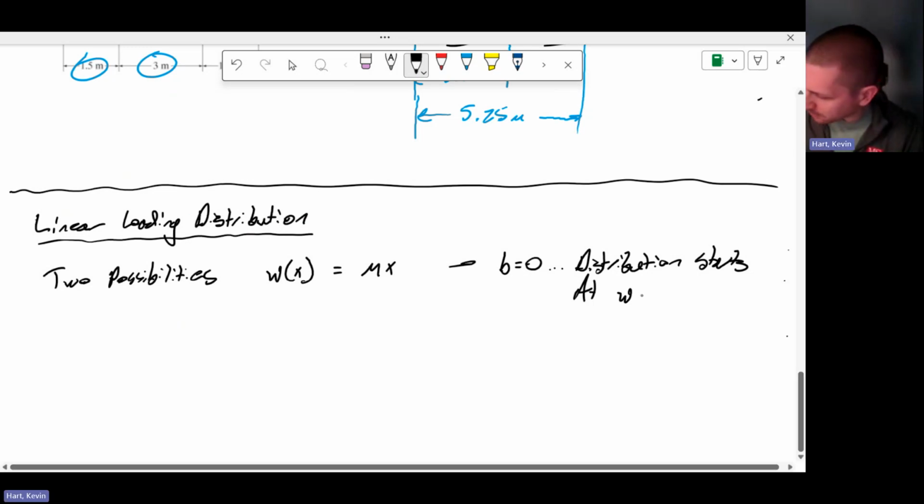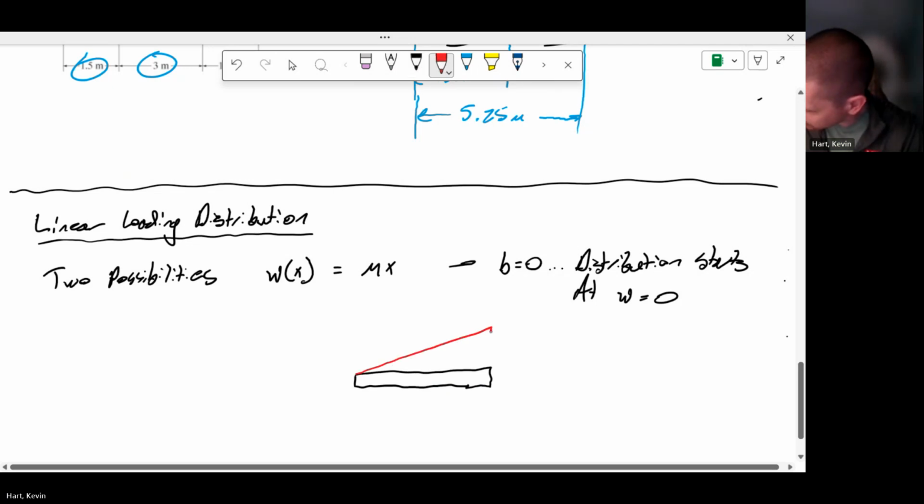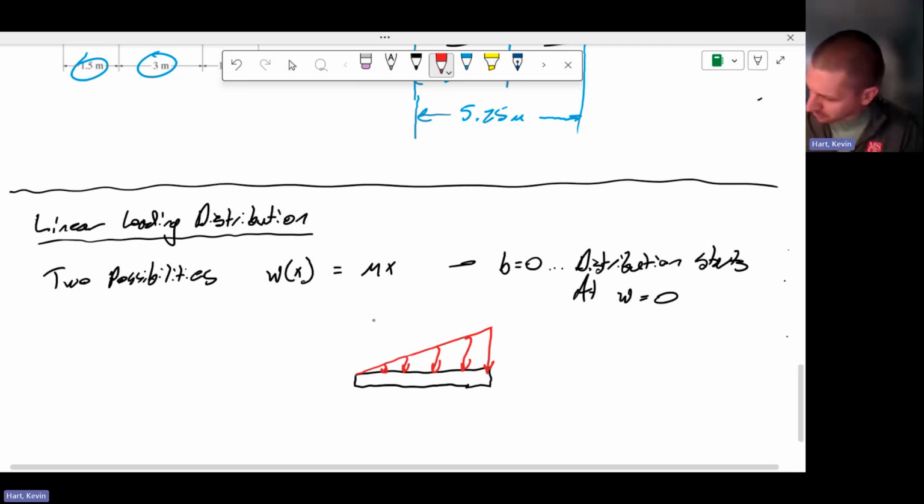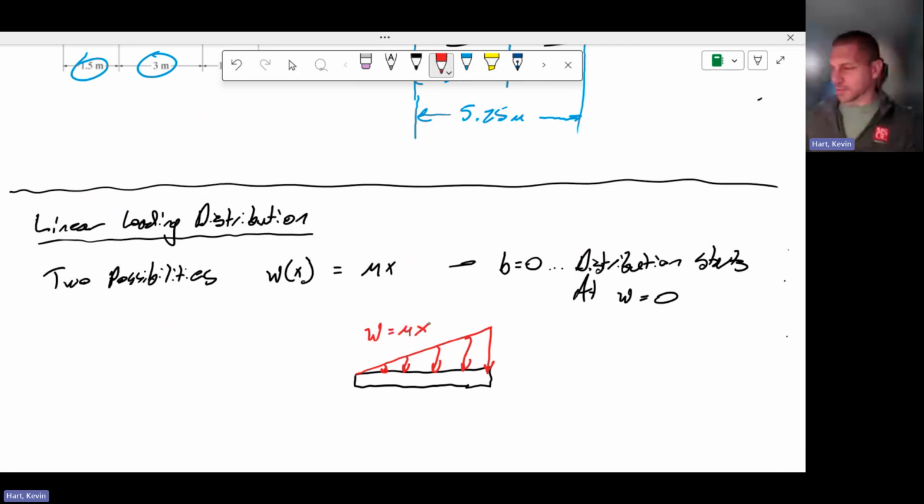So a sketch of that is going to look a bit like this. Okay, so this is w = mx, a linear function that starts at 0.